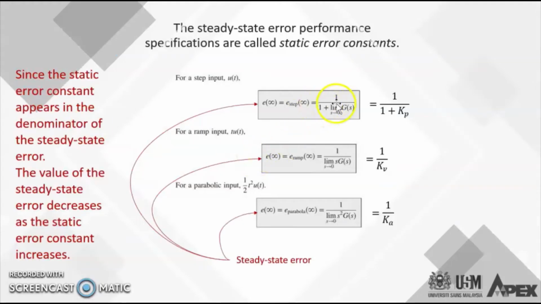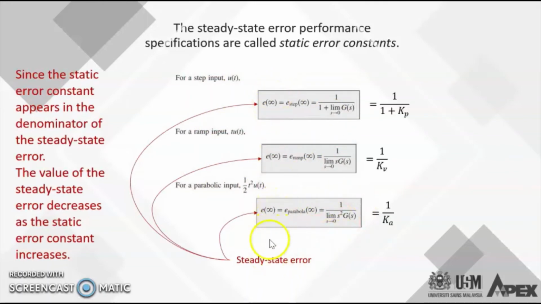So these are basically the steady state errors corresponding to each type of input. Step input, you will get this. Ramp input, you will get this. And parabolic input, you will get this.